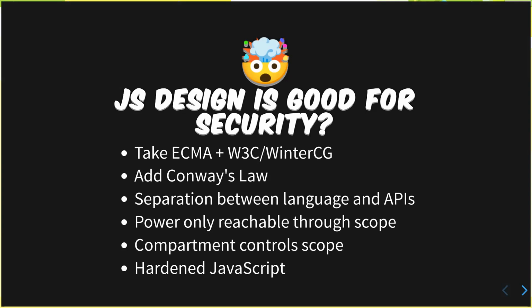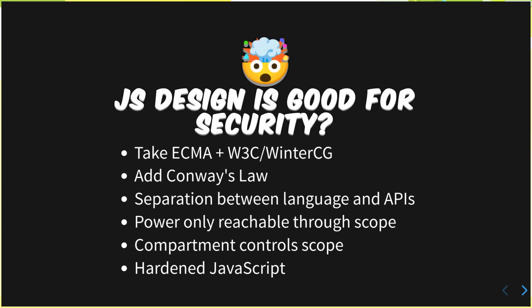And now for multiple runtimes, it's WinterCG. But these are separate organizations. So at Conway's law that says the software that's being shipped is going to represent the communication structure of the organization that produces it. This gives us very good separation between the language itself and the powerful APIs.